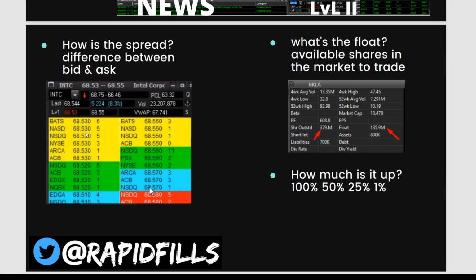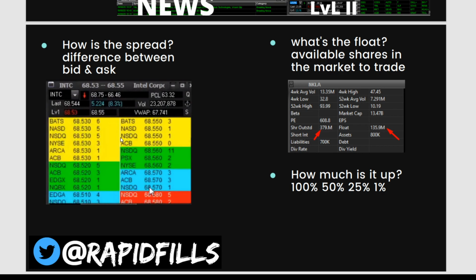But usually, if the stock is hyped up and it's moving higher, the spread will actually open up more. If you watch my hotkey video, I explain how I have different keys, and one of them is to get filled on the bid, for example, versus hitting the ask and buying right away.